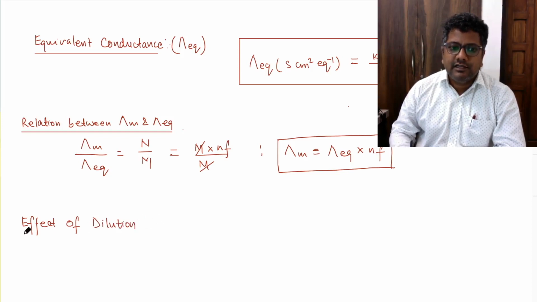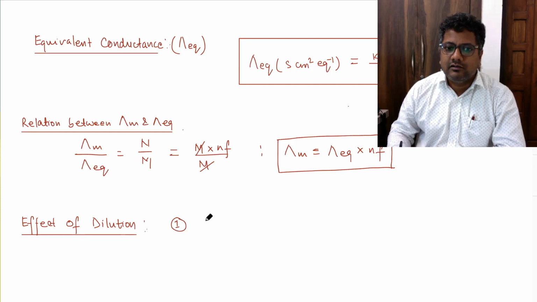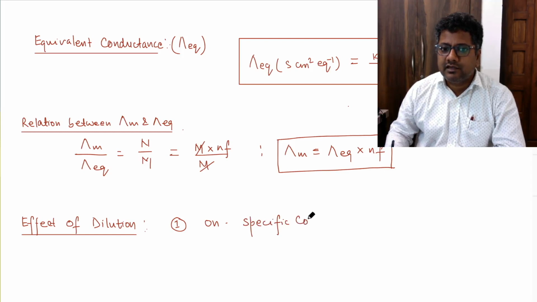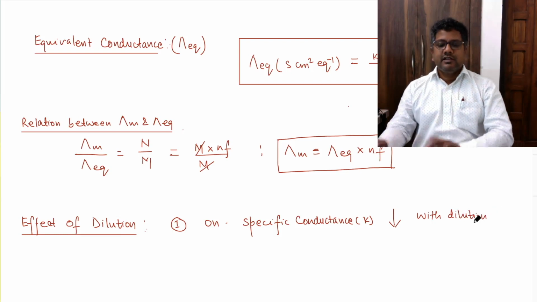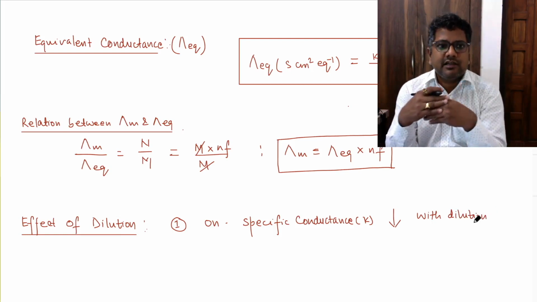Number one, on specific conductance kappa. You know kappa decreases with dilution. Means with increase in dilution, the specific conductance decreases.